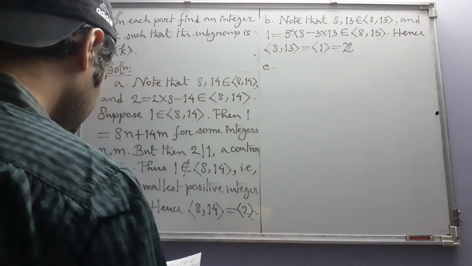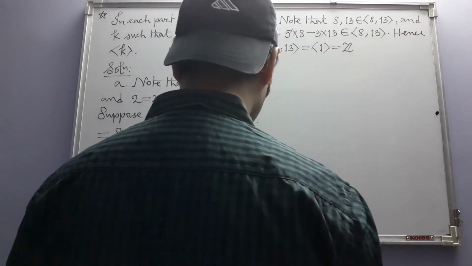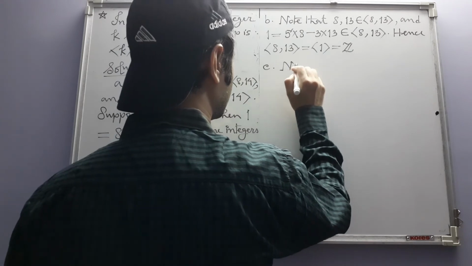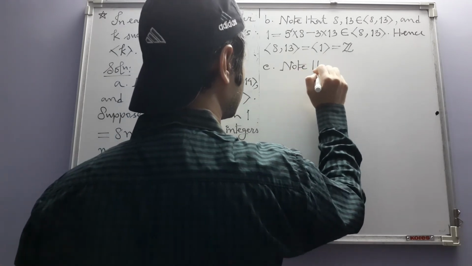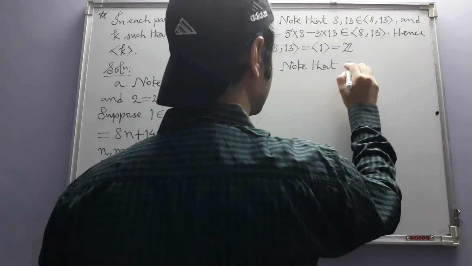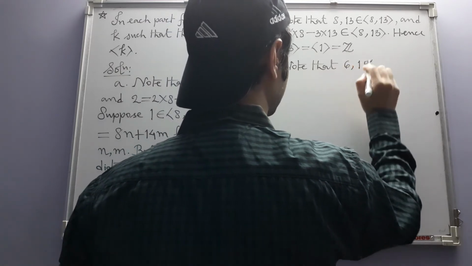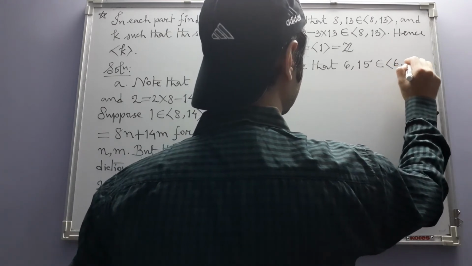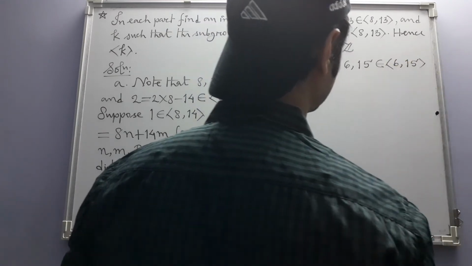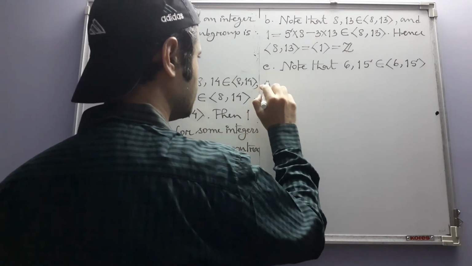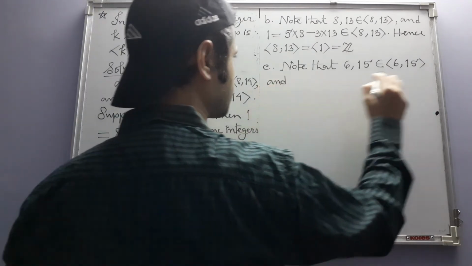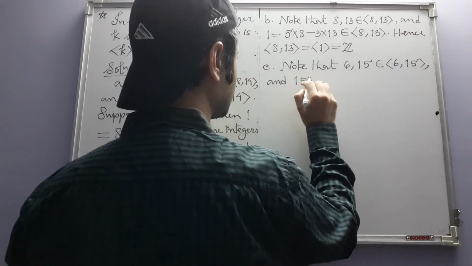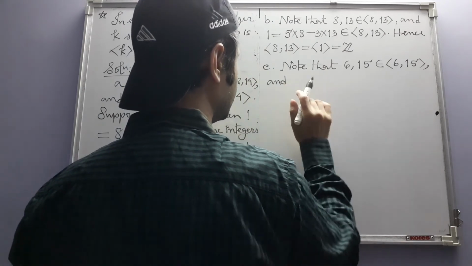C. In part C we have 6 and 15. Note that 6 and 15 belong to this, and minus 12.